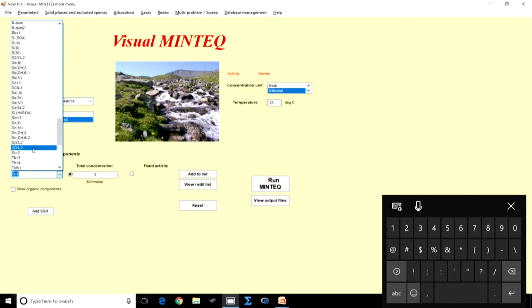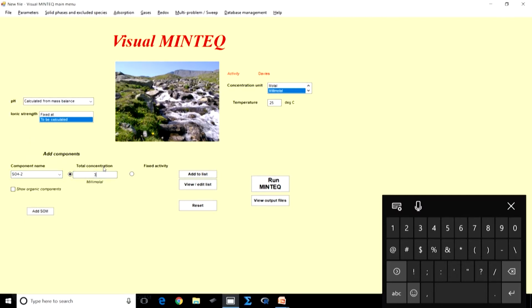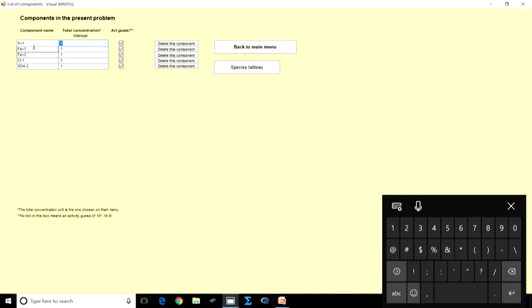I am looking for SO4 2-, okay, there it is, and here we have 1 millimolar again. So let us look at the edit list. FeCl3 and FeSO4.